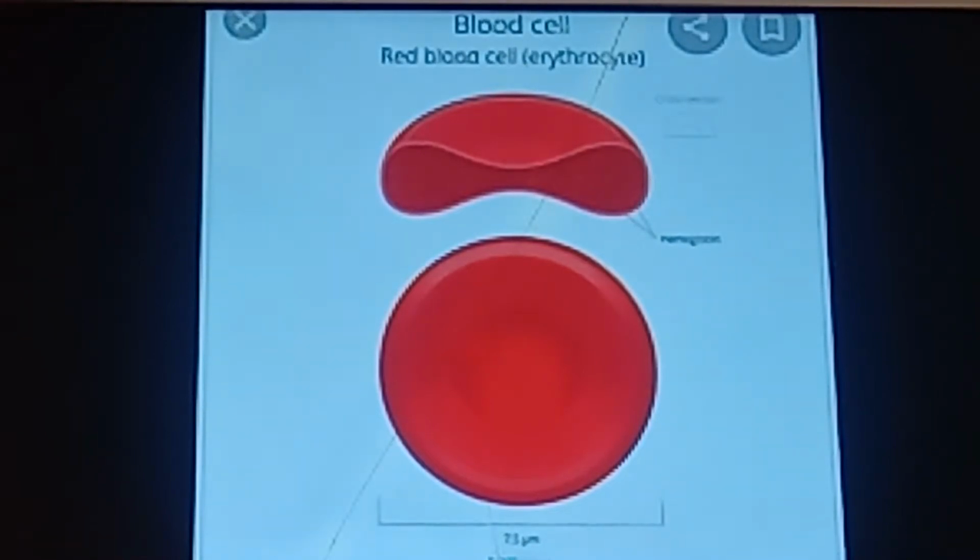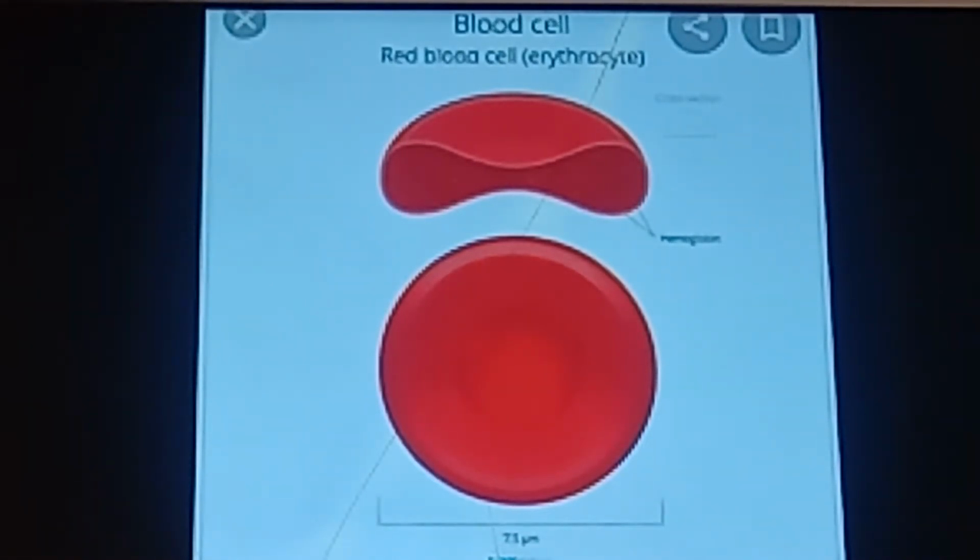Listen. See the diagram first: RBC, red blood cells, red blood corpuscles, erythrocytes. They are the most abundant cells in the human body. RBC is formed from the bone marrow cells. It is red colored because of the respiratory pigment hemoglobin.